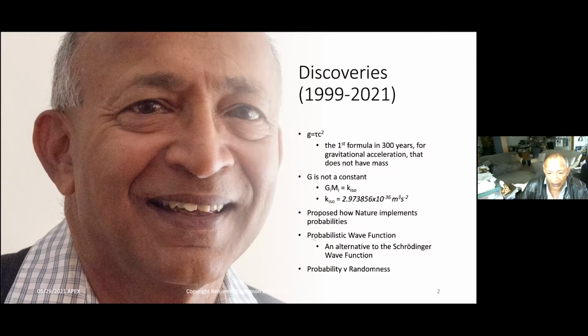As part of that, I proposed a probabilistic wave function, which is an alternative to the Schrodinger wave function, and we'll get into that. Finally, the important point later on down the road is that probabilities and randomness are two different physical phenomena.